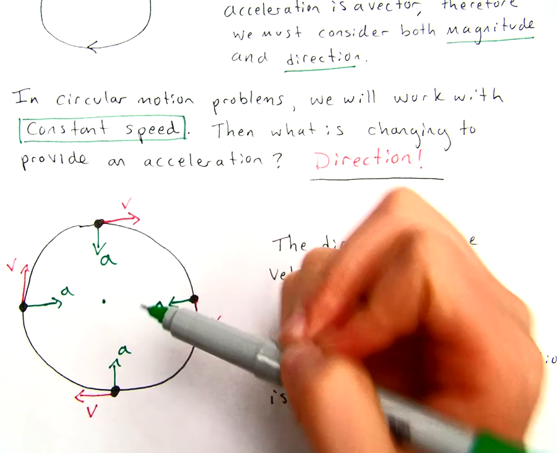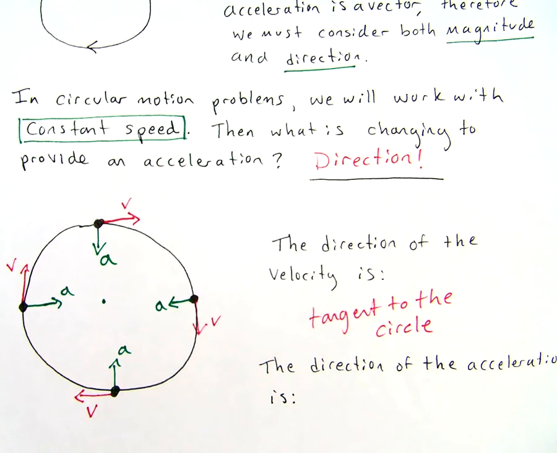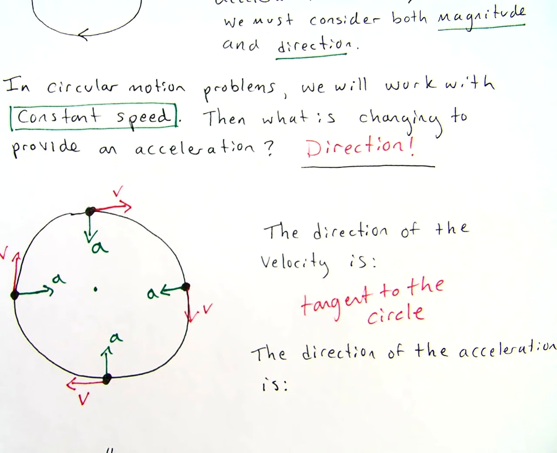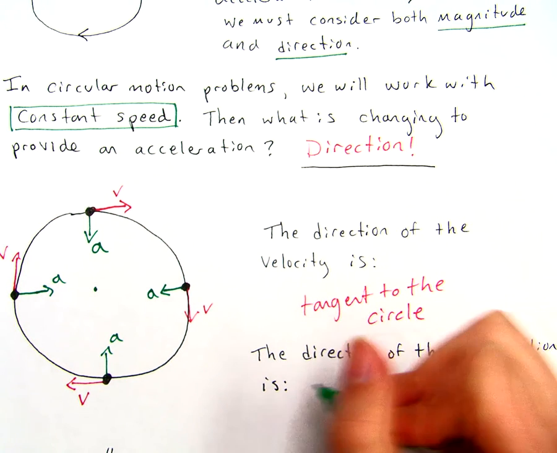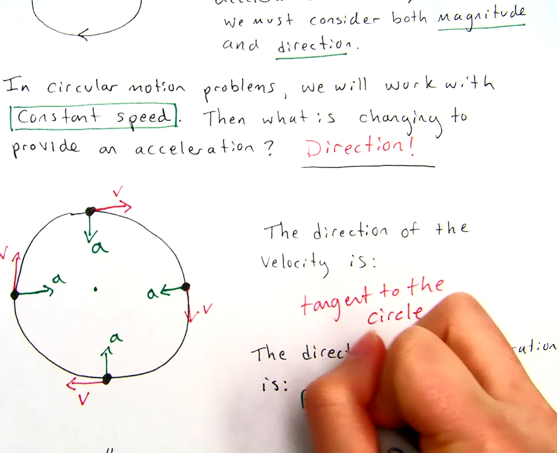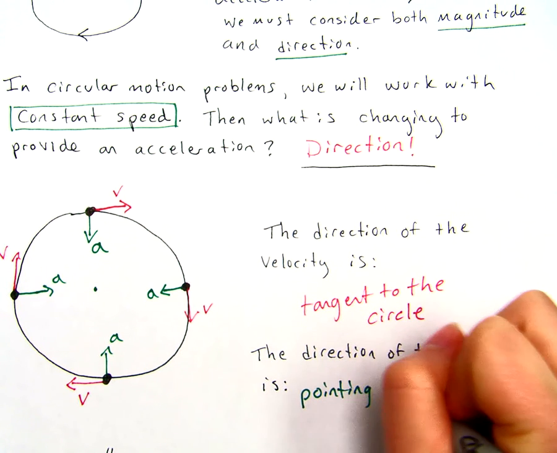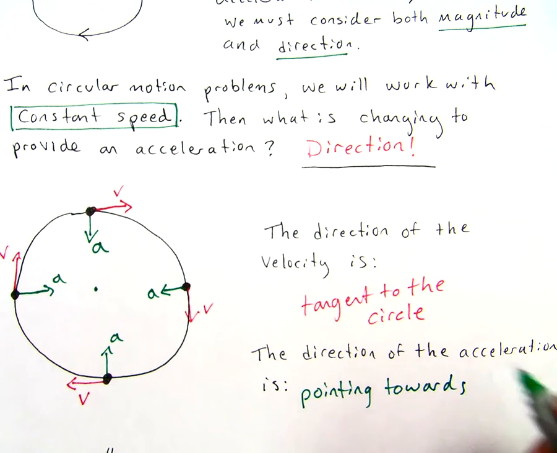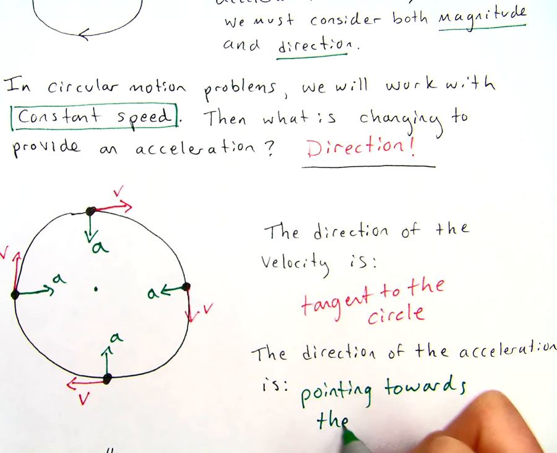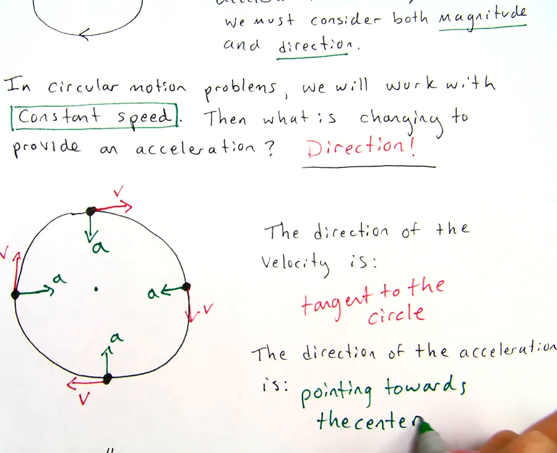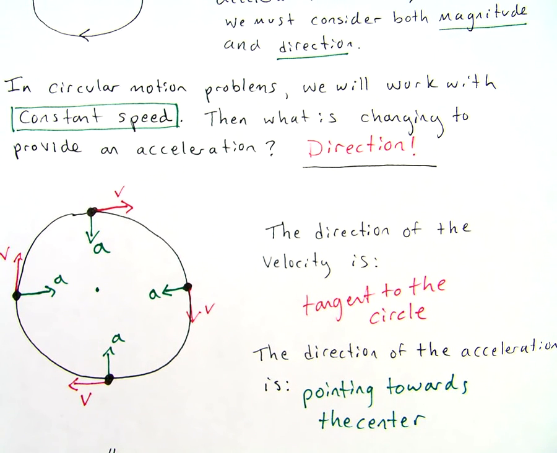And this path continues over and over again. So the direction of the acceleration is always pointing towards the center. Your velocity will always be tangent to the circle, while your acceleration will point towards the center.